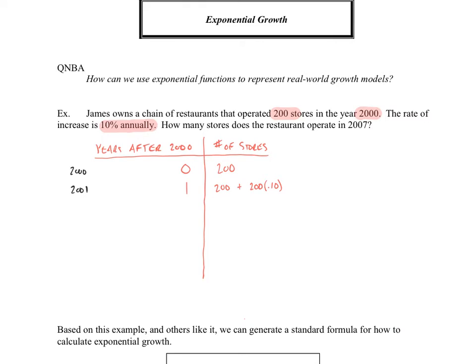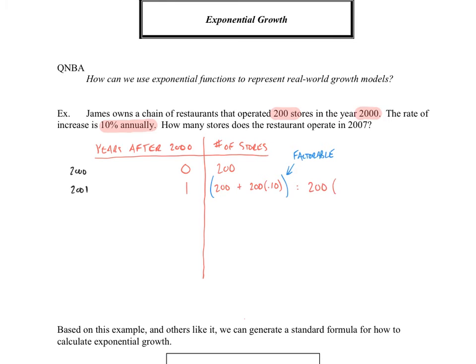Now, we can rewrite this. If we look at this like we have some of our binomials, we could actually factor this. Right? We've got an addition sign here. So what is something that this component shares that this component also has in common? Both of those pieces have a 200.